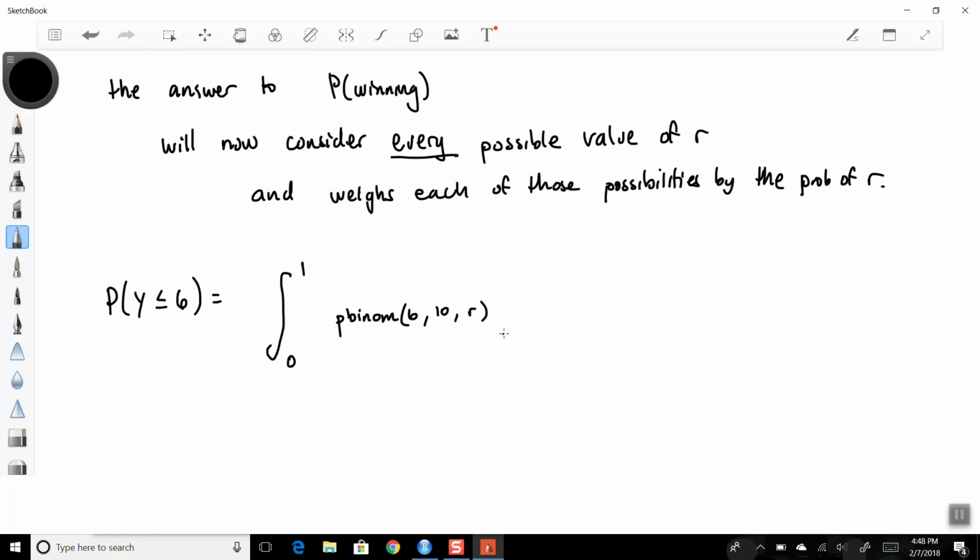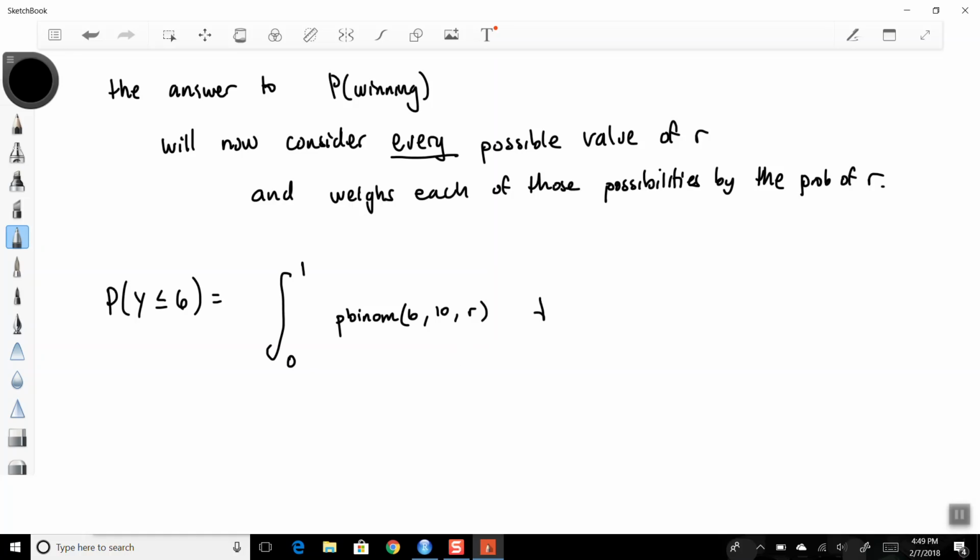Is that okay? So this represents the probability of getting 6 or fewer without having to write 10 choose 0 plus 10 choose 1 plus all the way up to 10 choose 6, right? Is it okay that I'm mixing R code with math? Okay, so this just represents the probability of winning for any given value of R, okay?